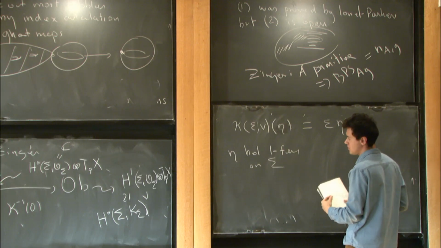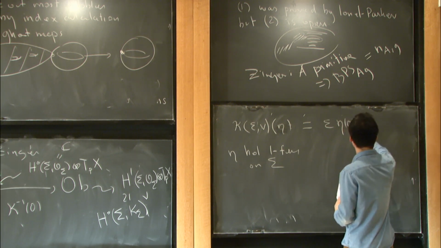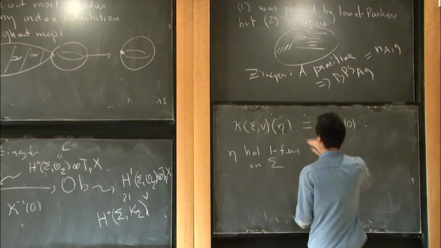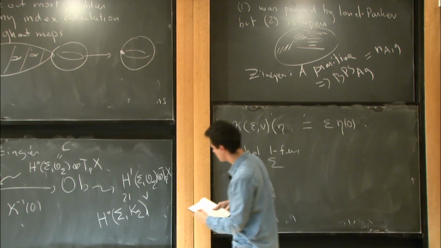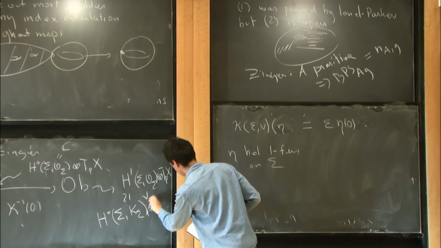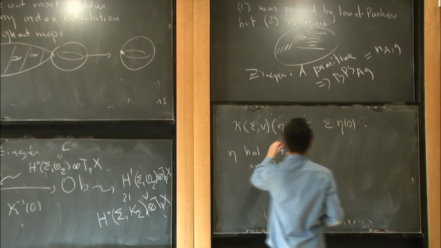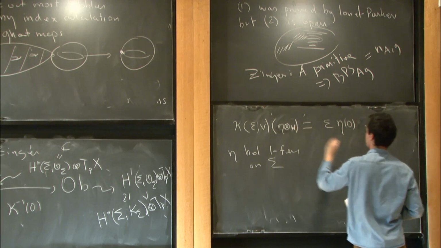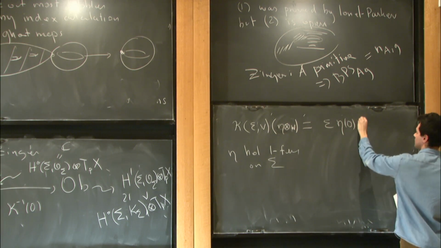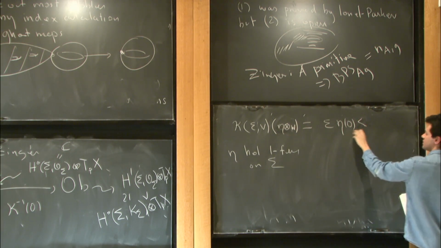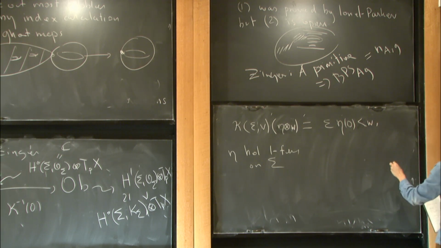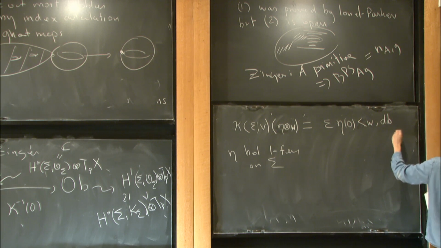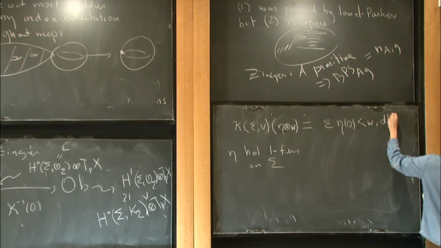And then what do I do? I should take the holomorphic one-form tensor TPX, so holomorphic one-form tensor some other vector, and that will be this times an inner product of V and the derivative of the bubble map at 0.